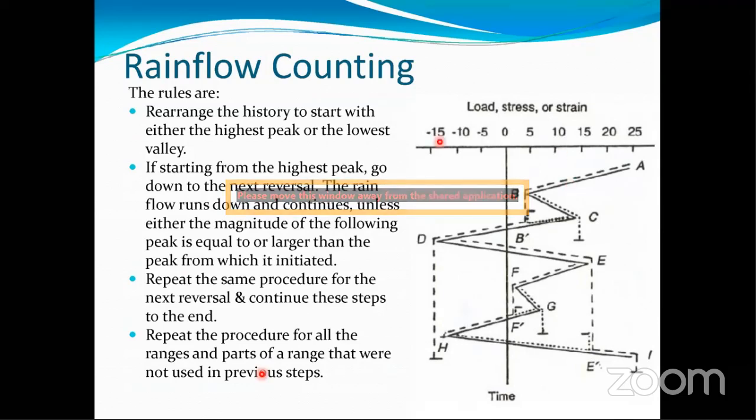Here we can see the stress values. The stress is ranging from -15 to around 25, and we can imagine rain flowing from these amplitudes in this way or in this way.